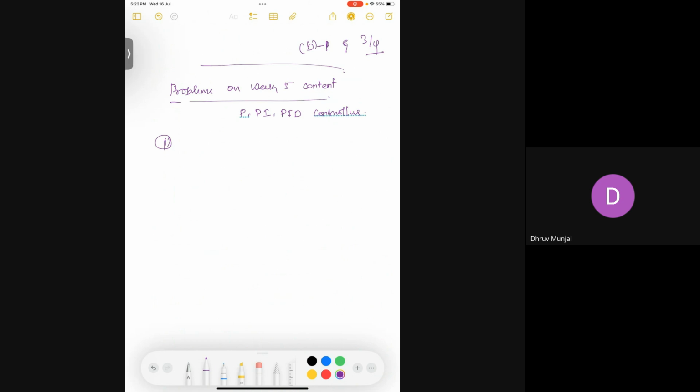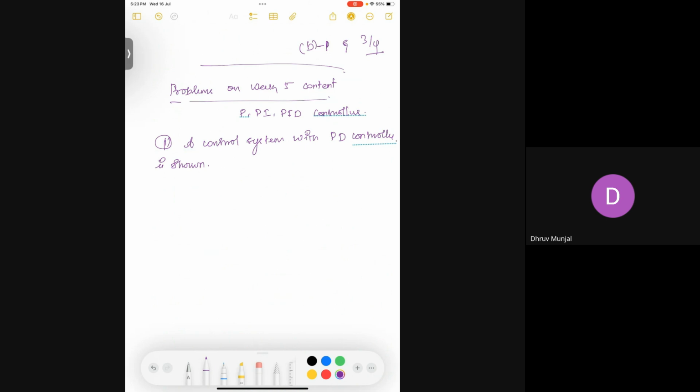First question, a control system with PD controller is shown. I am drawing the picture of it.